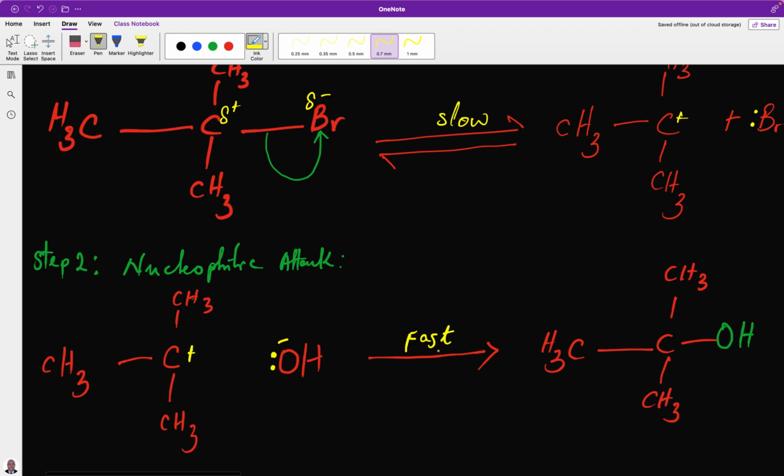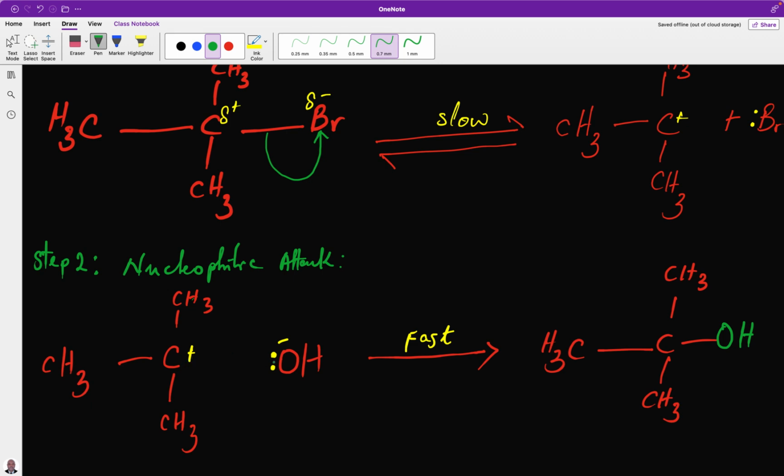So now, see what is happening. Immediately this carbocation is formed, what happens? The nucleophile, which is the hydroxide ion, attacks it, thereby donating its lone pair of electrons to the positive carbon.